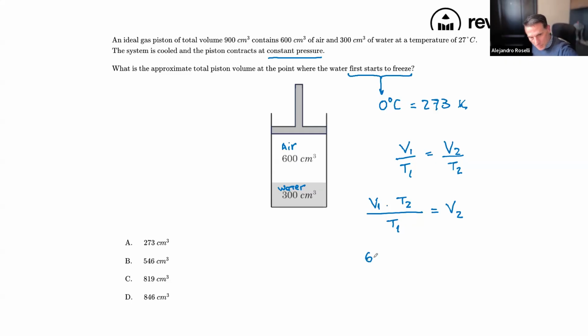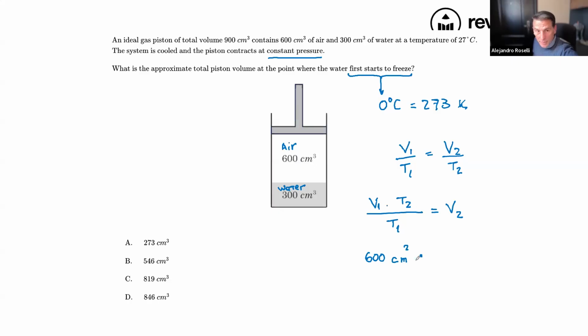So 600, once again, when using these equalities, you don't need to make any unit adjustments. However, when you use the ideal gas law, PV equals nRT, given that you are using a constant R or kB, you do need to use the corresponding units like cubic meters and moles and pascals, but that's not our case now. We can keep those 600 cubic centimeters.